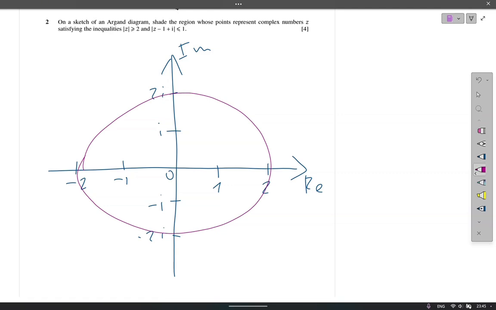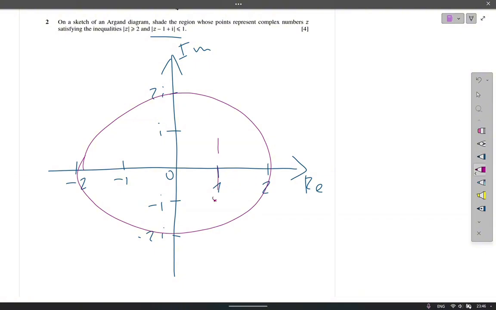And the second one is this equation. So we first have to plot 1 minus i in our diagram.